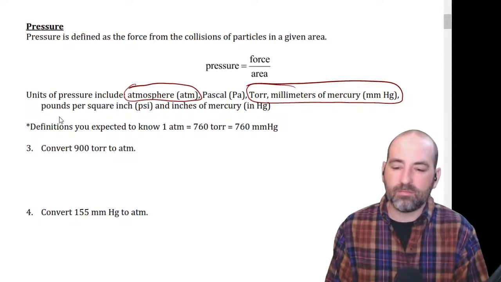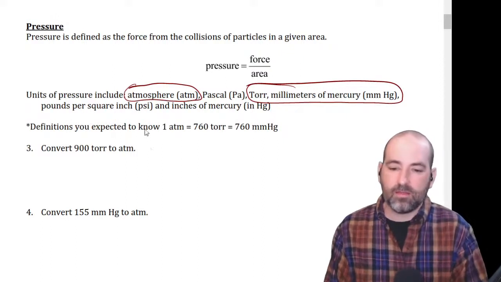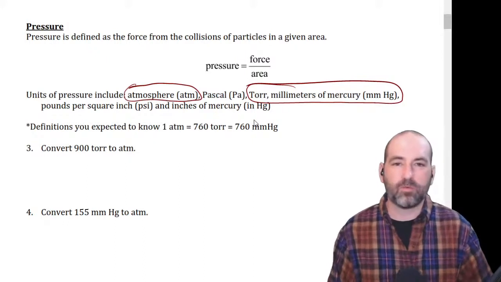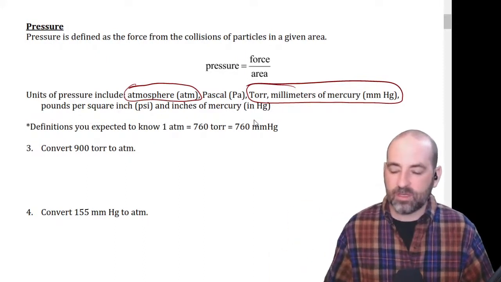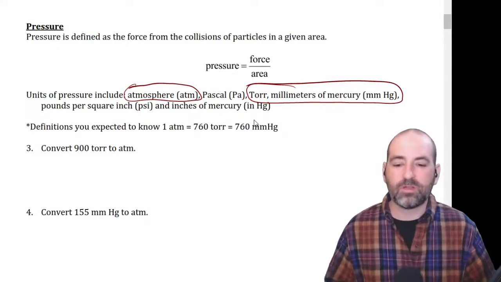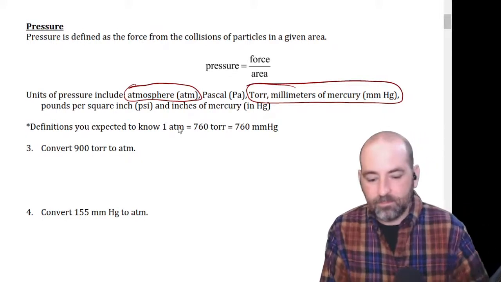And then pounds per square inch is what we use in things like tires. And inches of mercury is what we use when we talk about barometric pressure. So like with weather, the pressure that the atmosphere exerts on the earth, if you look it up on your weather app or something, is often reported in inches of mercury. It's usually around 29 point something.